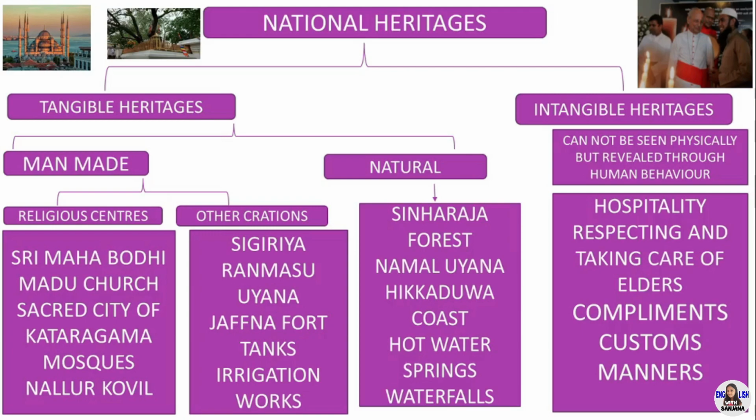Man-made heritages can be divided into two parts, religious centers and other creations. Some examples for other creations: Sigiriya, Ranmasu Uyana, Jaffna Fort, tanks, irrigation works. Some examples for religious centers: Sri Mahabodhi, Madhu Church, Sacred City of Kataragama, mosques, and Nallur Kovil.